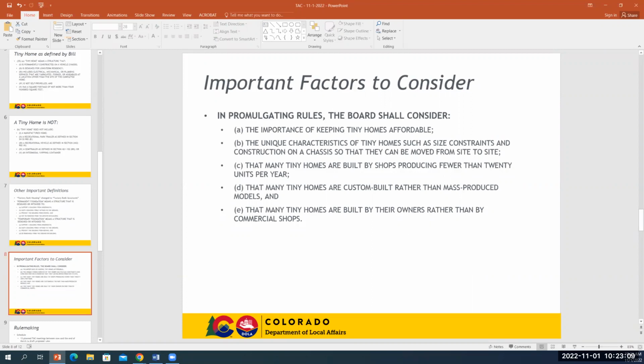I'm not sure that Simplicity Tiny Homes is going to survive through this whole transition of having to have everything engineered. And I'm just concerned that too much regulation here may take movable tiny homes out of the affordable status. That's yet to be seen. I'm not saying anything negative, but I hope this is considered as all these rules are developed.